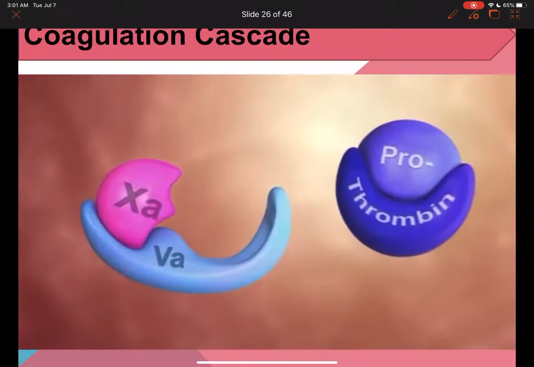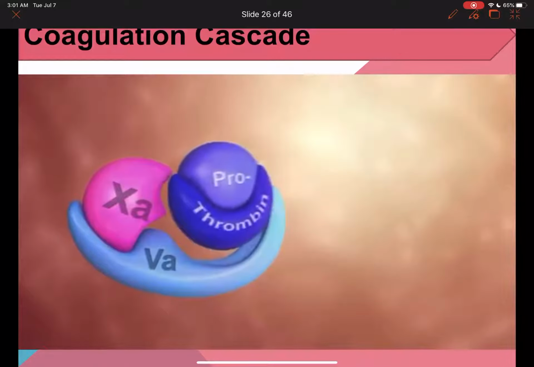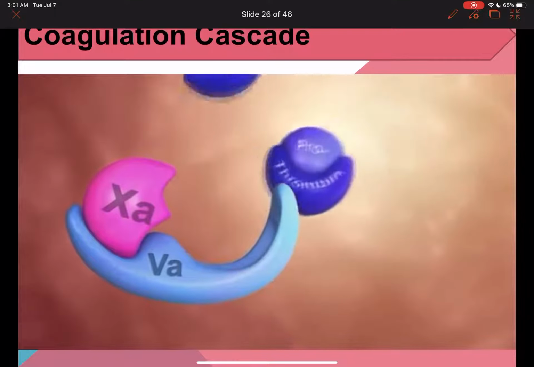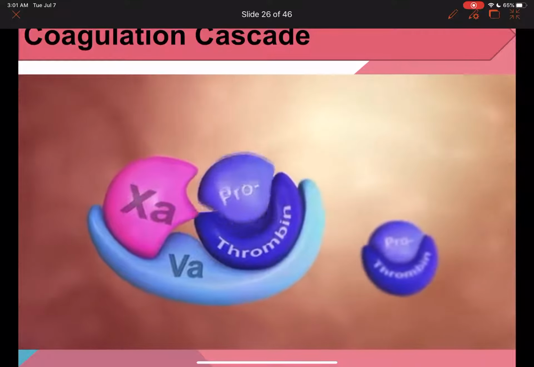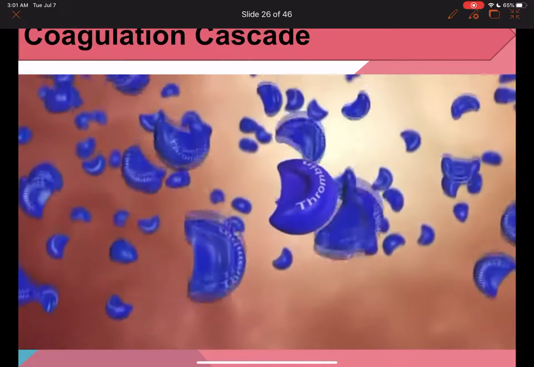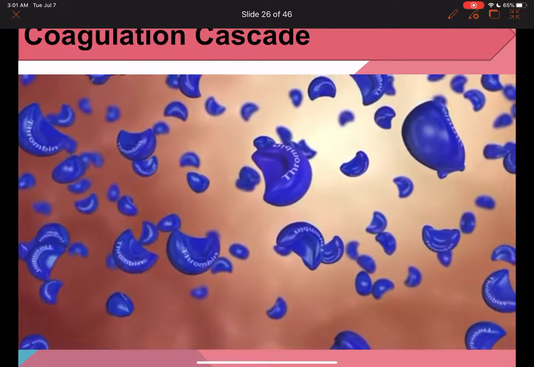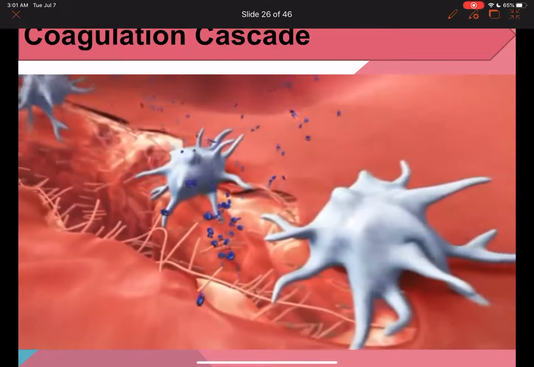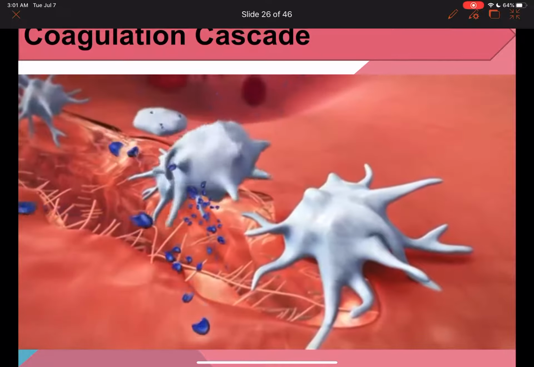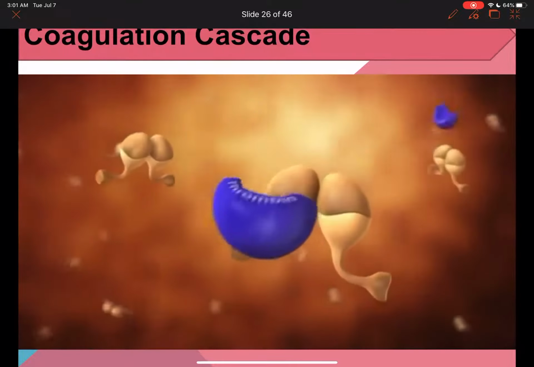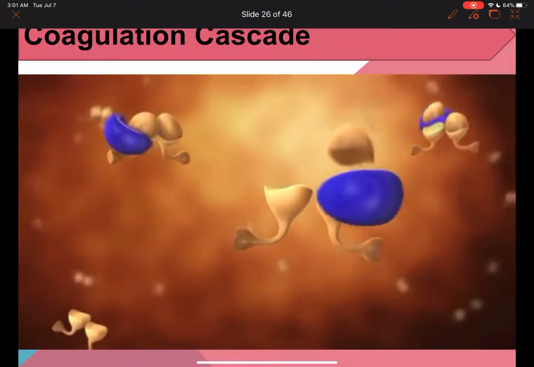Further down the cascade, factor 10A, in combination with 5A, activates thrombin and induces the so-called thrombin burst. One molecule of factor 10A can catalyze the formation of 1,000 molecules of thrombin. These large amounts of thrombin cause the further activation of platelets and the enhanced formation of fibrin.